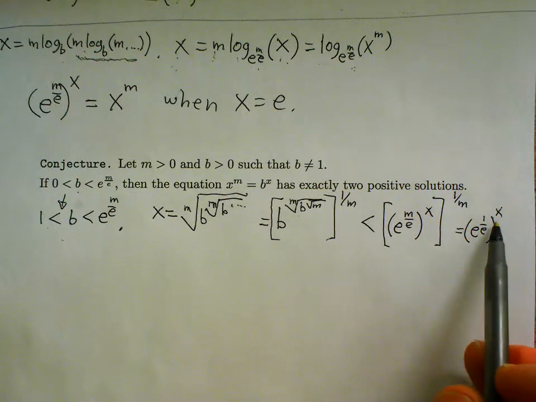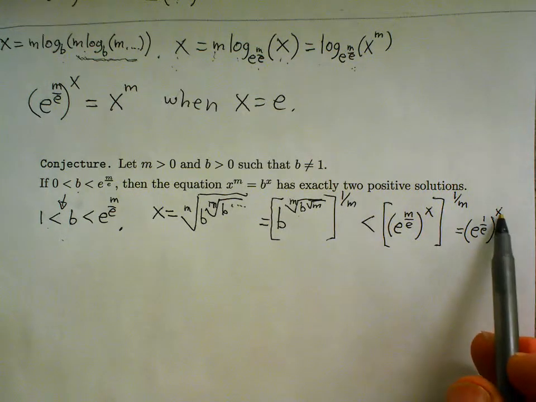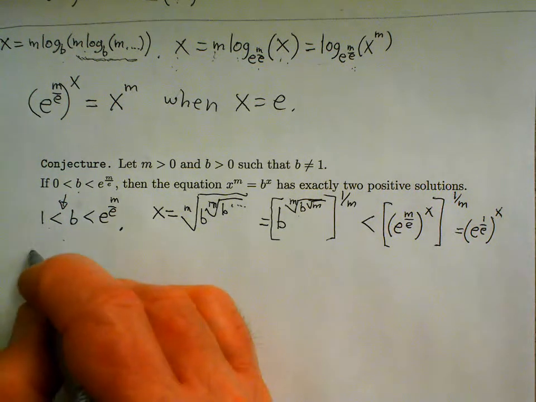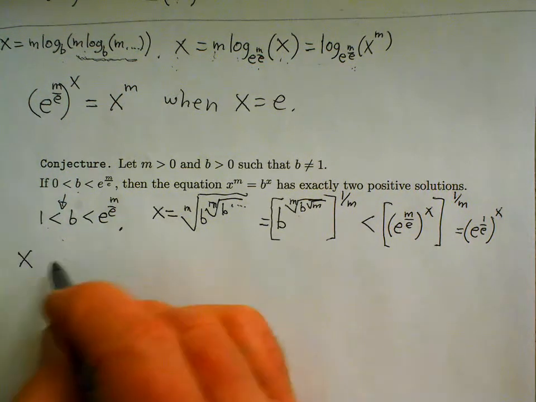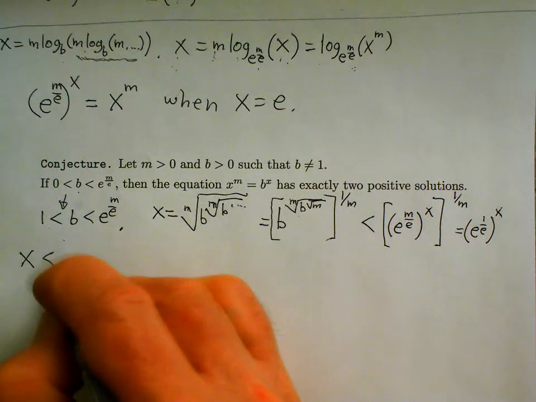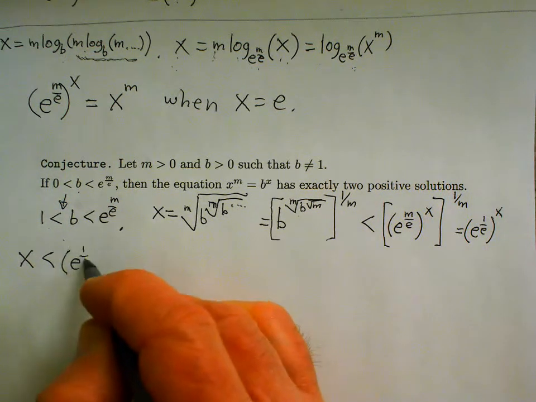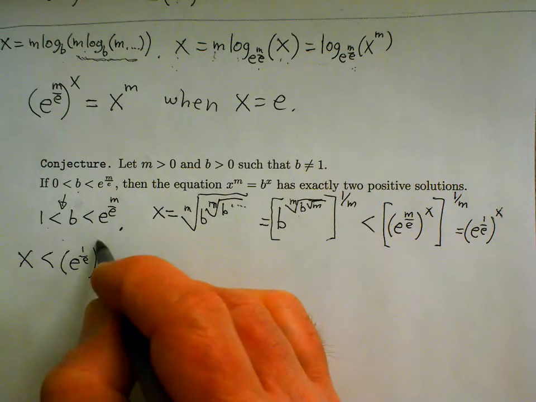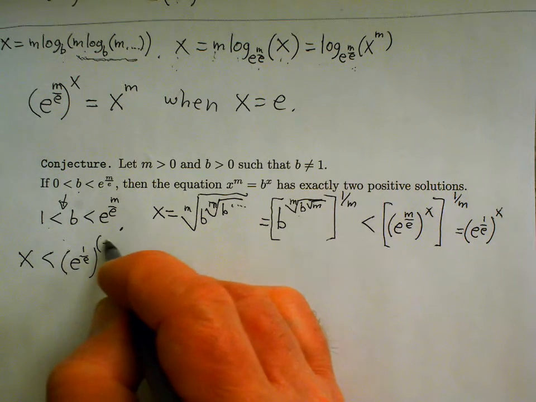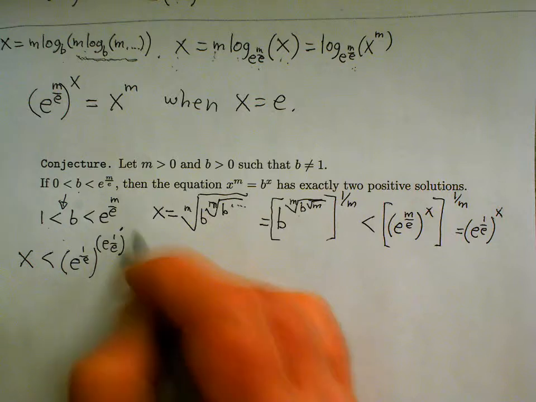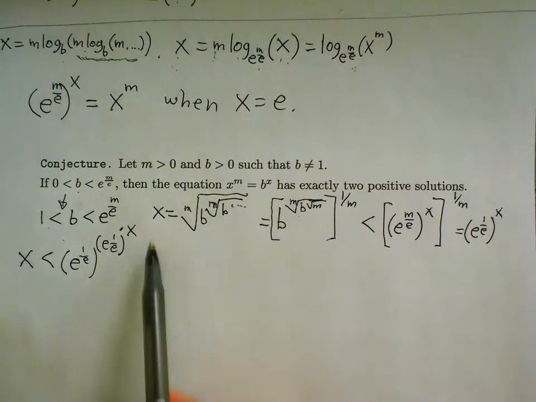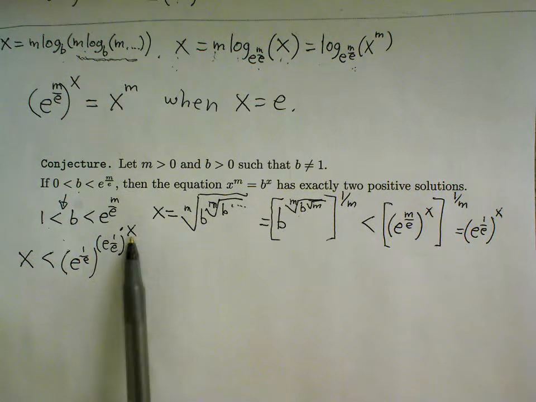Well, if I do the same process again with this x, I'm going to get x is less than e to the 1 over e raised to the exponent e to the 1 over e to the x, and then apply the same process to this exponent x.